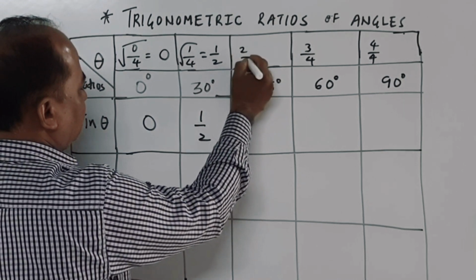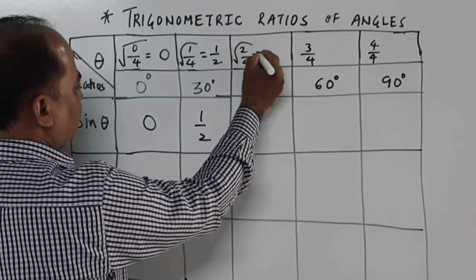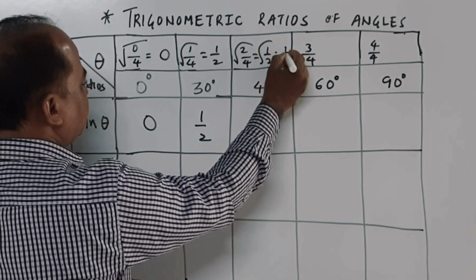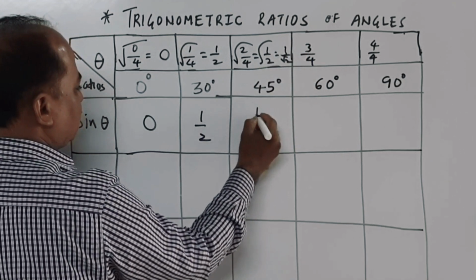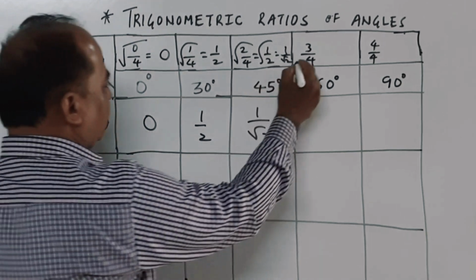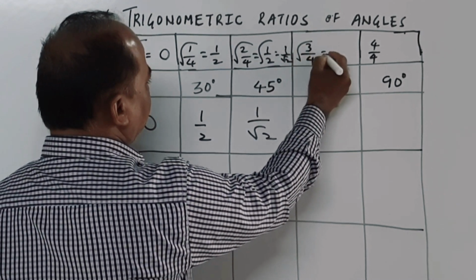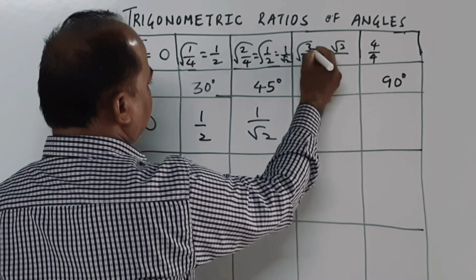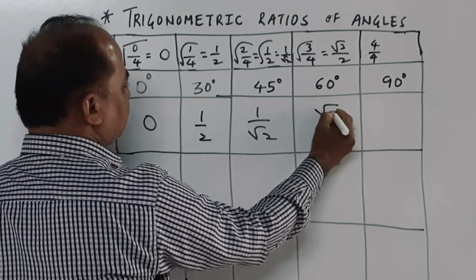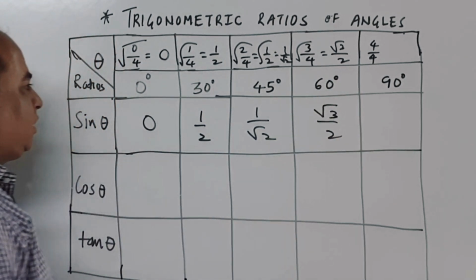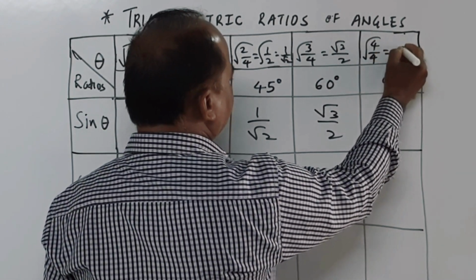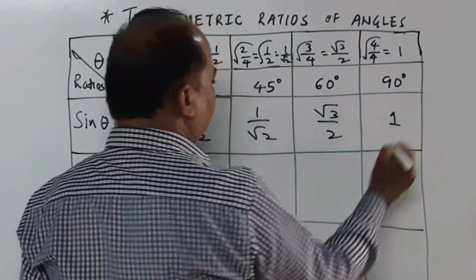Now 2 upon 4 is 1 upon 2, square root of 1 upon 2 is 1 upon root 2, so sine 45 is 1 upon root 2. Now square root of 3 upon 4, root 3 upon square root of 4 which is 2, so sine 60 is root 3 upon 2. Now 4 upon 4 is equal to 1 and square root of 1 is 1, so sine 90 is 1.